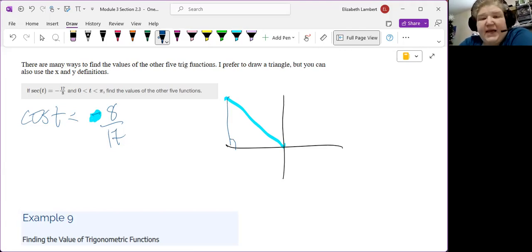Now, rather than say the cosine of our particular angle is negative 8 over 17, this is where I go back to my definitions of trig functions with their sides.